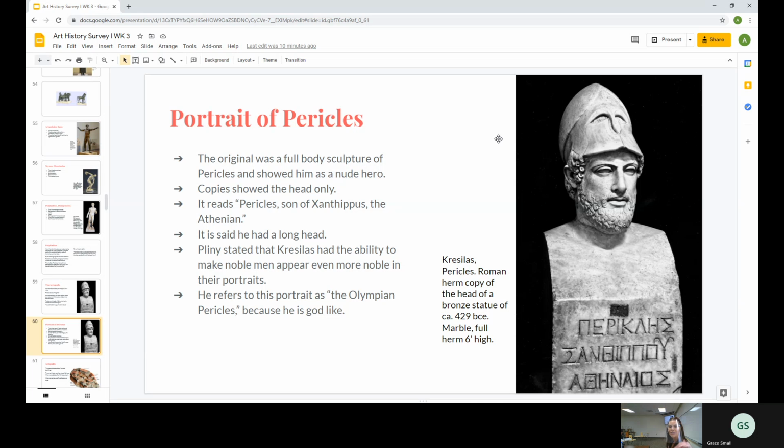His full body statue was probably made by Chrysilas. And this portrait bust is, according to Pliny's descriptions, the one that looked most like the actual head of the full body, because there were a lot of different versions made, as is what happens when you have Chinese telephone.